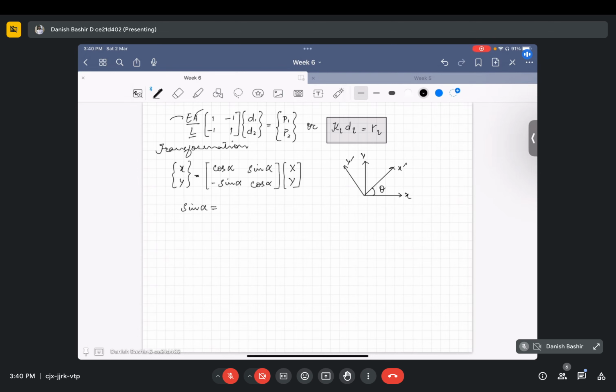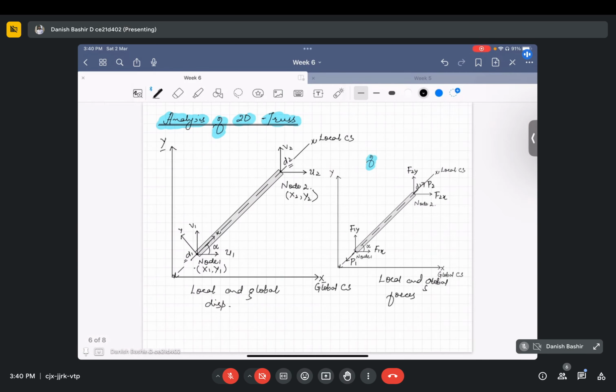Sin alpha, which I am writing as s only, equals (y2 minus y1) divided by L, and cos alpha, writing as C only, equals (x2 minus x1) divided by L. I hope this is clear to you. And L is the length between these two coordinates.